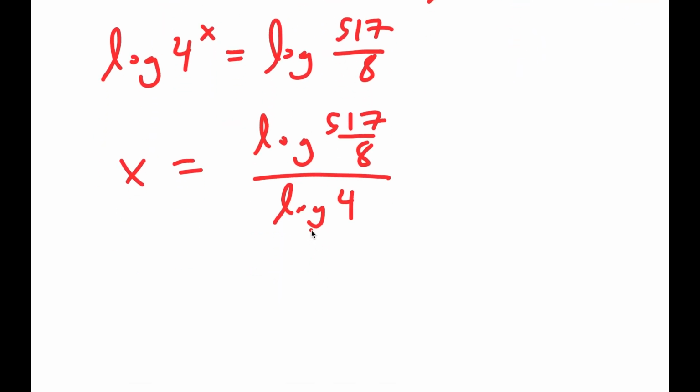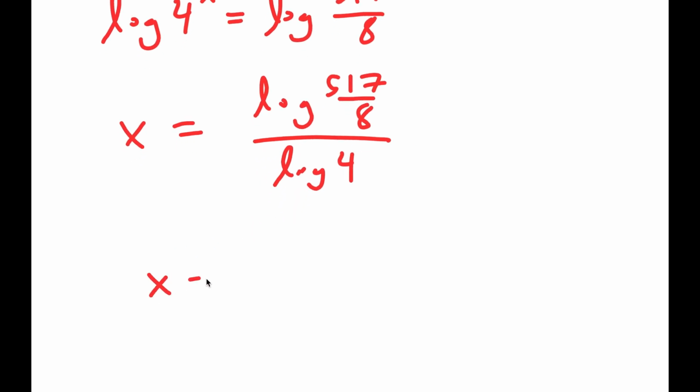And to get the exact solution of this, I'm going to put this in my calculator. So the log of 517 over 8 is equal to 0.339, and log of 4 is equal to 0.602.